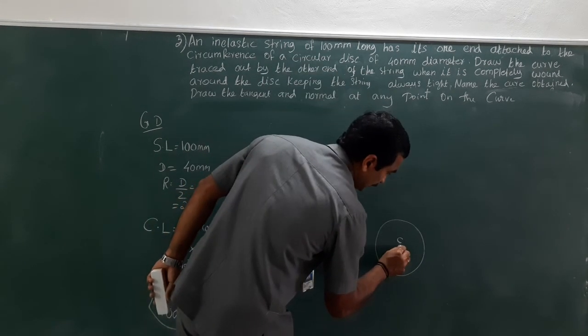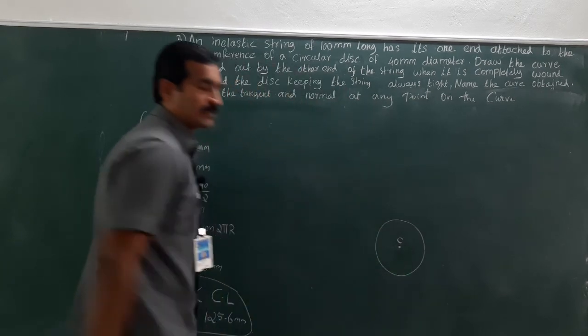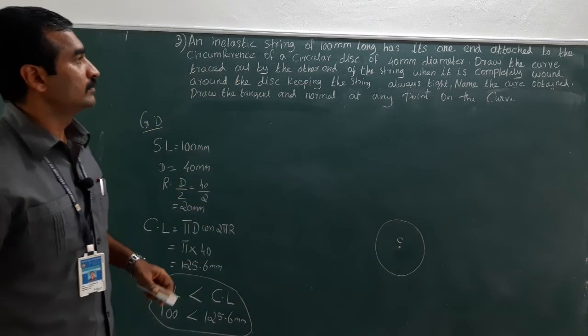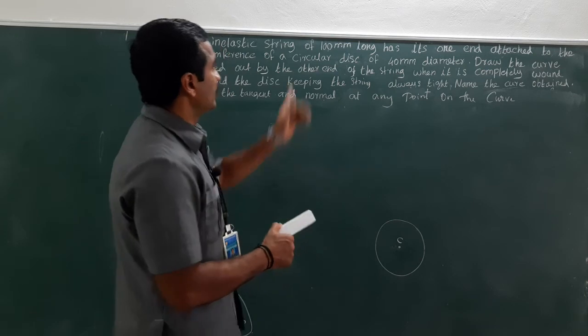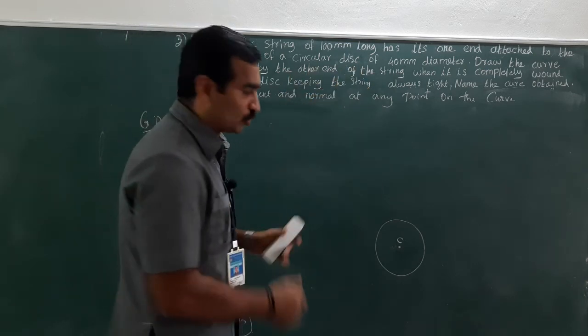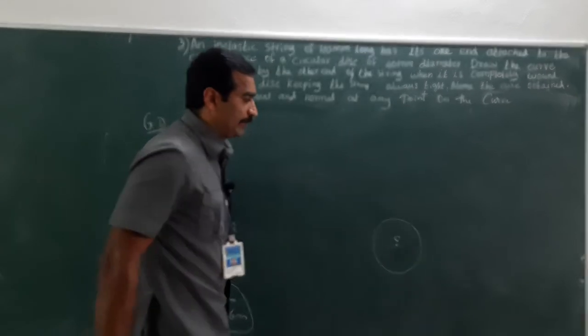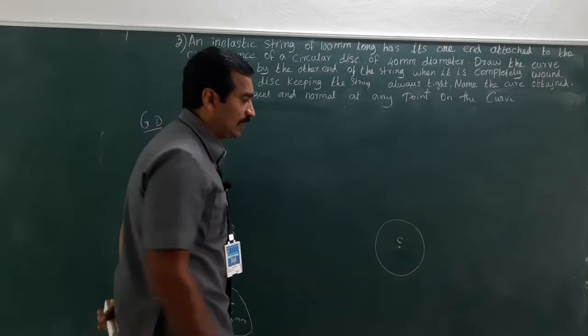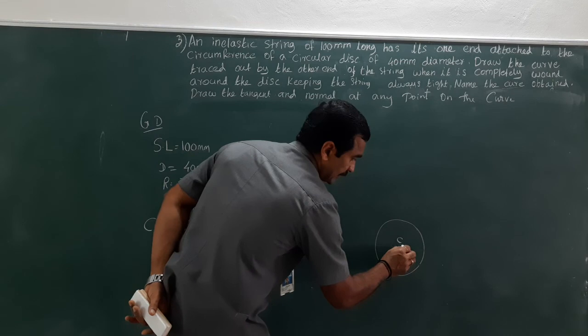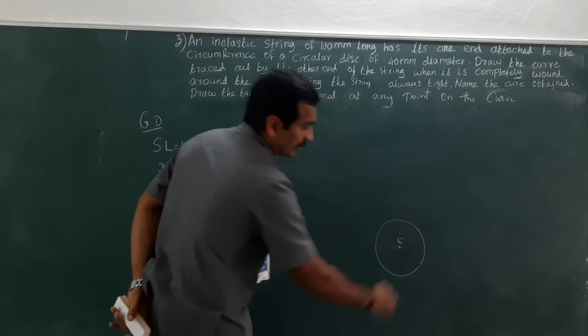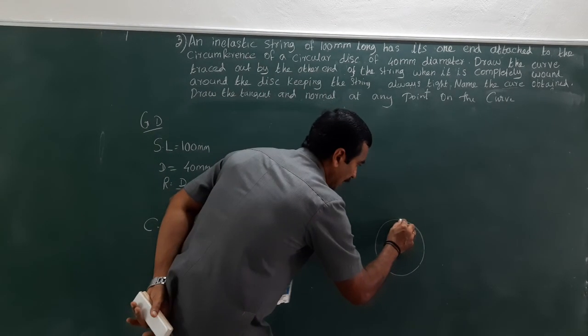Now you need to divide this circular disc into 8 equal divisions. So draw a horizontal line passing through the midpoint, that is the center of the circle. Now keeping the protractor in this manner, choose 90 degrees and draw a line passing through the center.